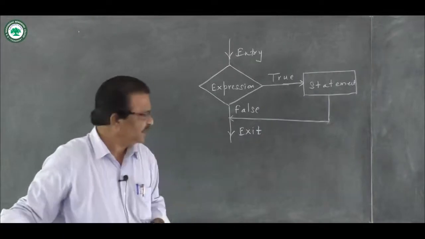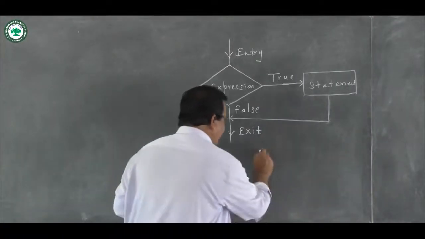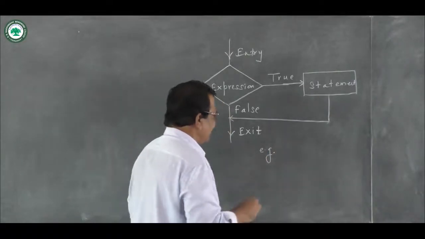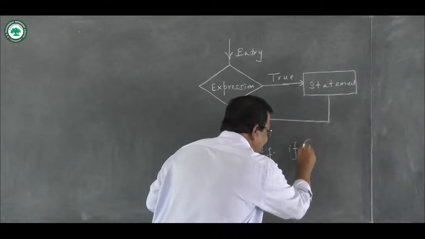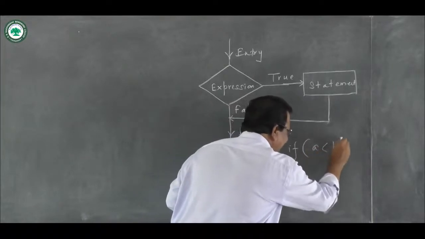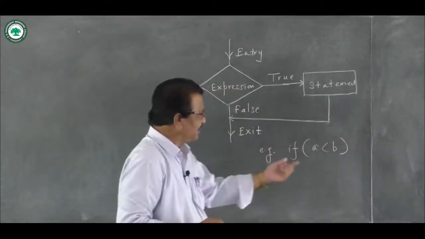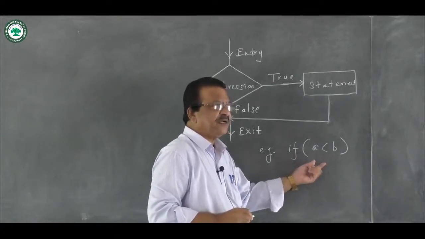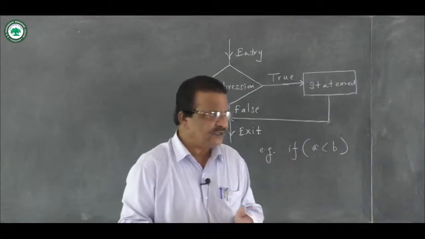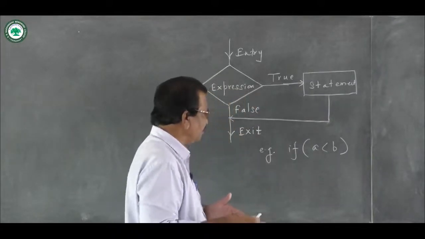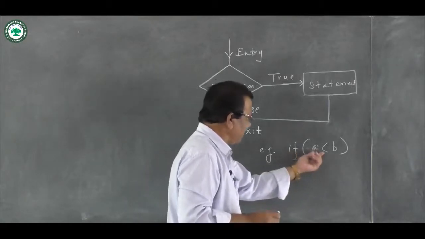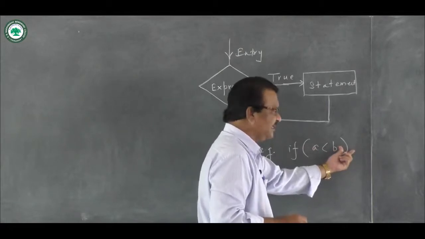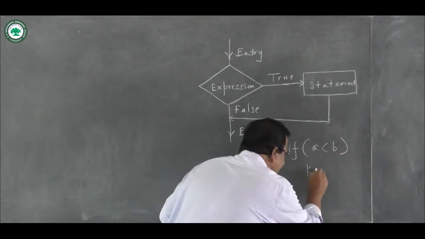Here is an example of how the if statement is used in C programming. The test condition is something like A less than B, which, as I have already said, is often a relational expression that results in true or false, 1 or 0, yes or no. If A is less than B, after this there is no semicolon. This is the syntax. Then K equal to 2.